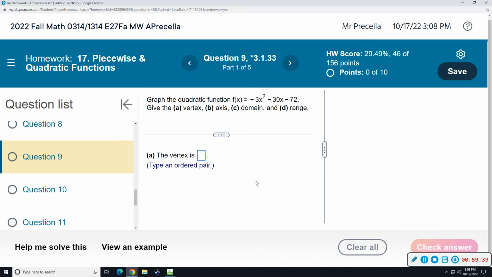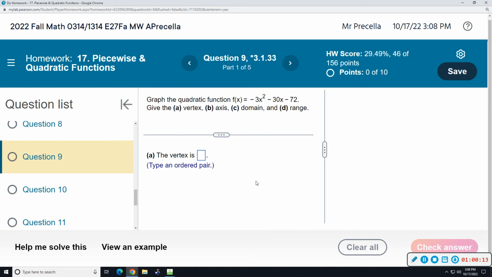This is problem number 3. f of x equals negative 3x squared minus 30x minus 72.